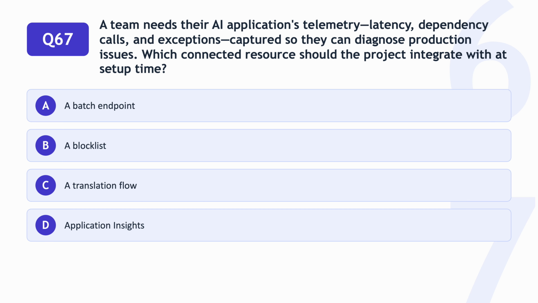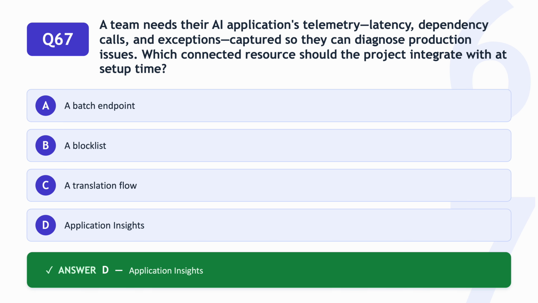Correct answer, D. Application Insights. Why D is correct? The question asks for a resource that captures latency, dependency calls, exceptions, errors, production diagnostics, and monitoring. Application Insights, part of Azure Monitor, is specifically designed for application telemetry and observability.